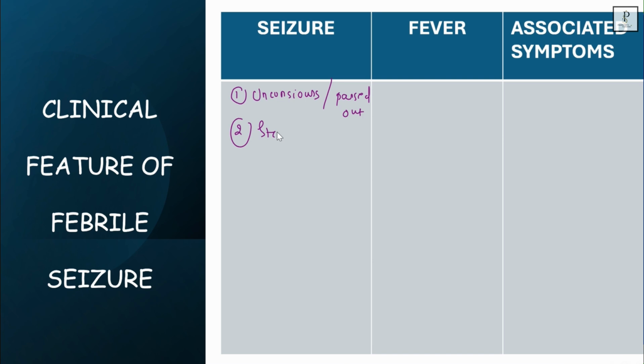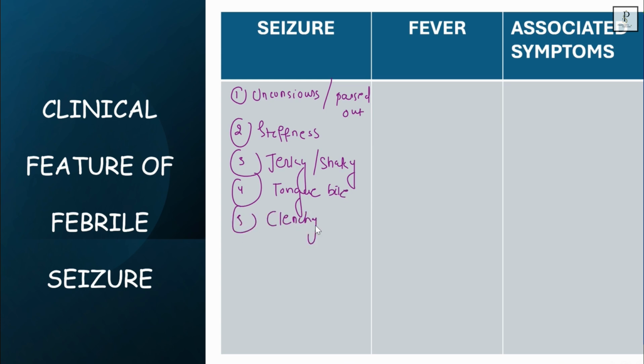Second, it may manifest as stiffness of body or limbs, or there are jerky or shaky movements of limbs or body, or there will be tongue bite, clenching of teeth, and drooling of saliva, right, or there may be involuntary passage of urine and stool.